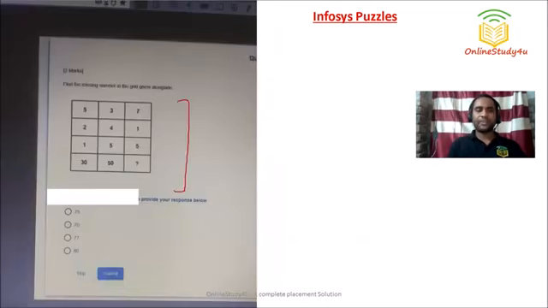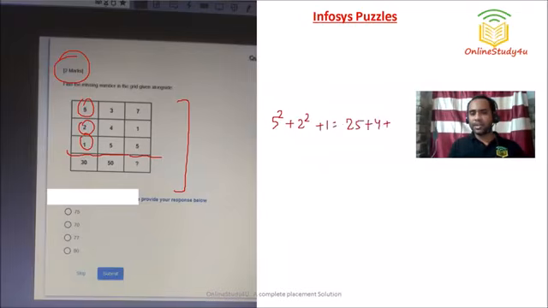Okay. Then friends, this is for 2 marks. As we know, if we have 4 rows, then these 3 rows will be giving the fourth row, right? The fourth row will be the result of these 3 rows. So what I will do, as I said, square, add, multiply or subtract, right? So 5 square plus 2 square plus 1. So 25 plus 4, 29 plus 1 will be 30.